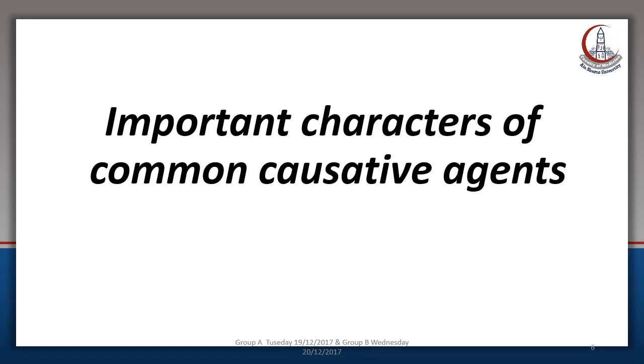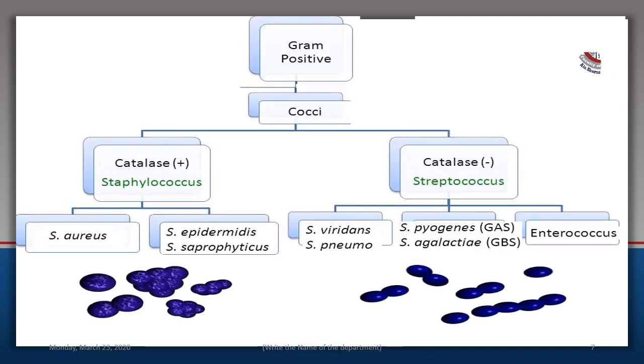We'll talk about some important characteristics of gram-positive agents, in short. We remember together that gram-positive organisms are classified as either gram-positive cocci or bacilli.